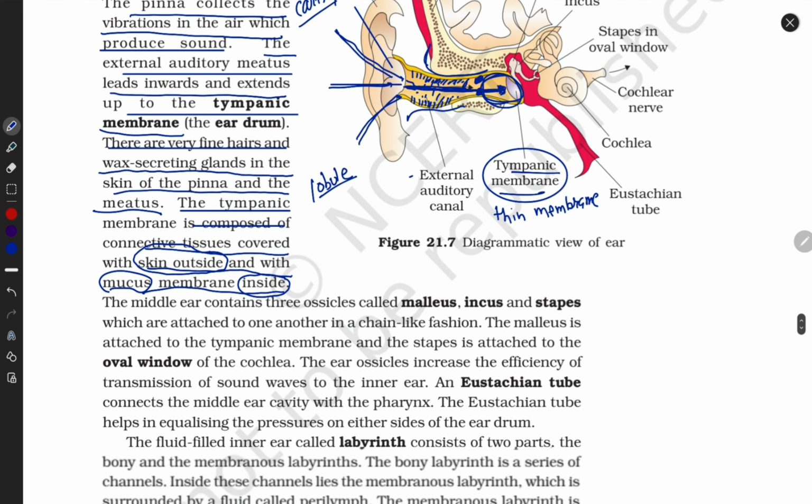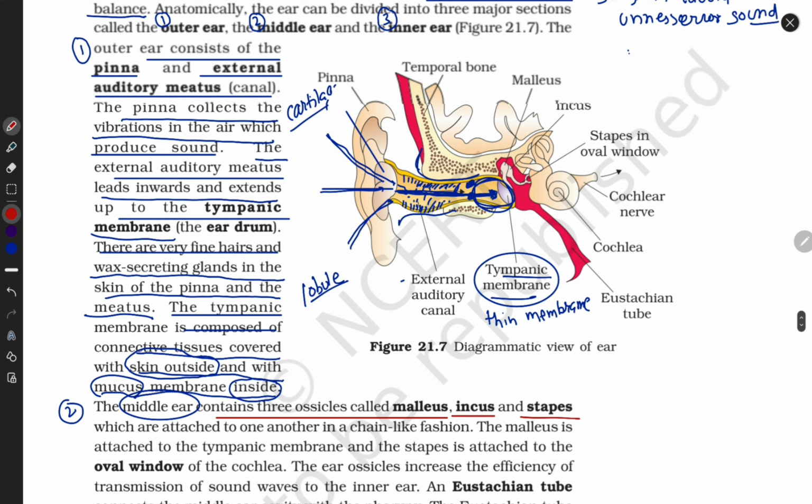Alright, now let's talk about the second part, the middle ear. The middle ear contains three ossicles called malleus, incus and stapes. Look here, guys.